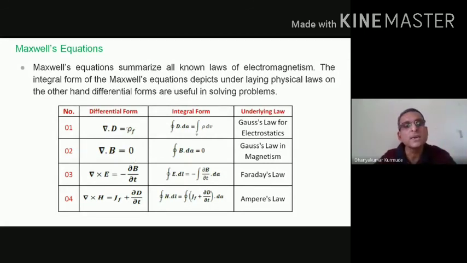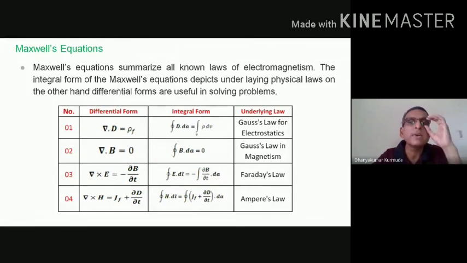So, friends, these equations are simply called Maxwell's equations. These are the four Maxwell's equations in differential form. On the other hand, these are the integral forms of the Maxwell's equations which we have studied.